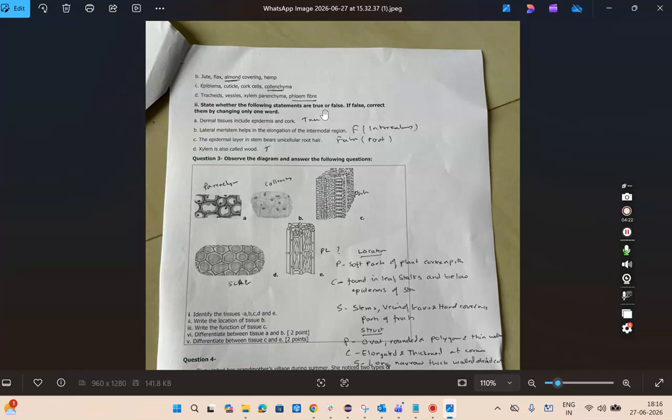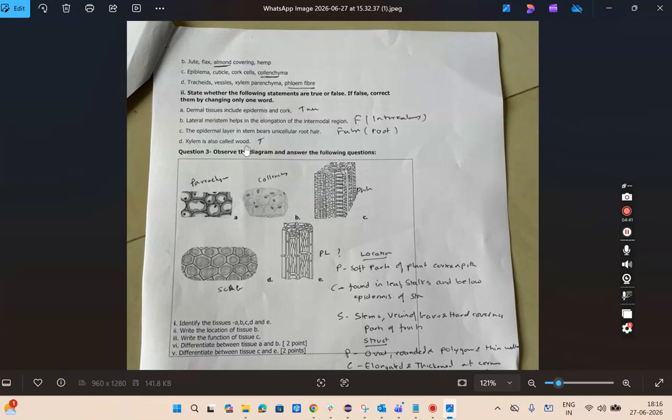Tracheid, vessel, xylem parenchyma, so the answer is phloem fiber. These are all related to xylem, but this one is for phloem.